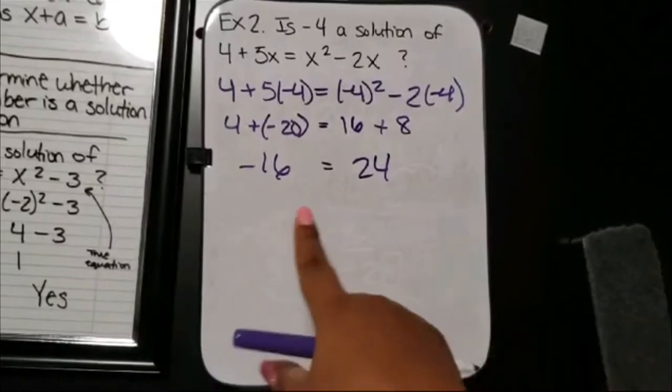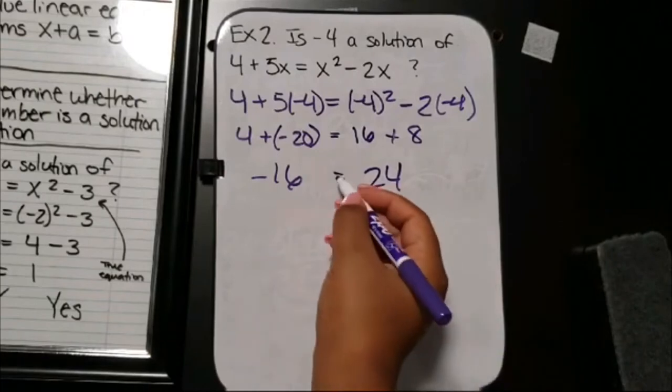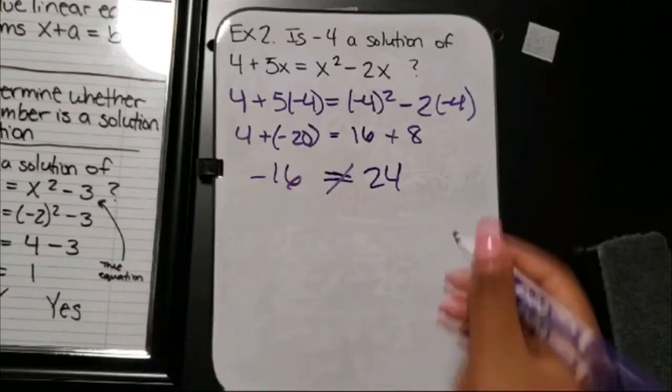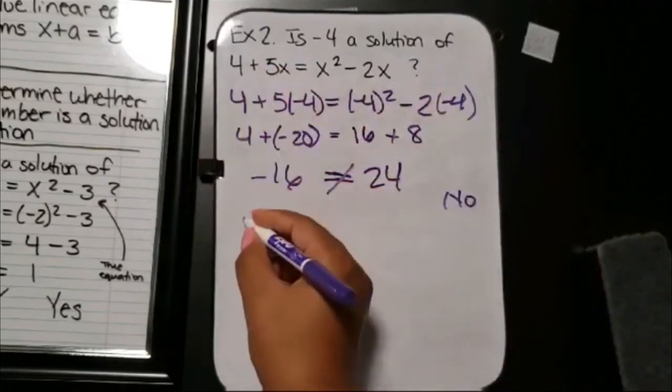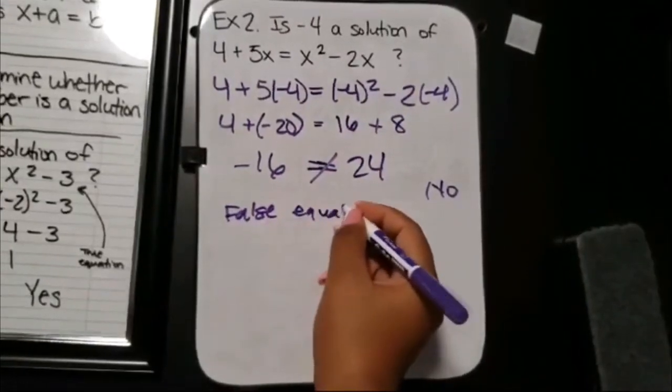So we know that negative 16 and 24 does not equal. So we take our equal sign and we put a slash through it. Remember, I showed you guys earlier that that symbol means it is not equal to. So to answer the question, is negative 4 a solution of the equation? The answer is no. So this equation here is a false equation.